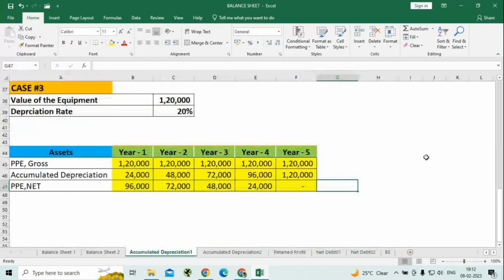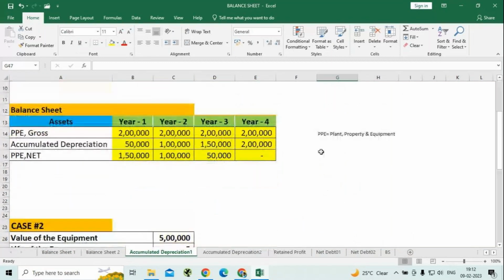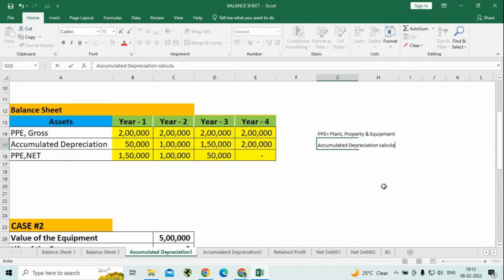I'll just write it over here itself. Accumulated depreciation in the balance sheet is calculated as current year depreciation plus previous year accumulated depreciation.